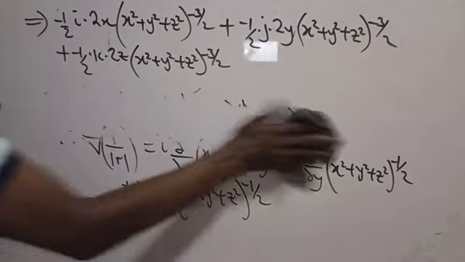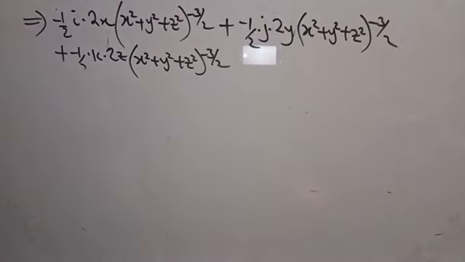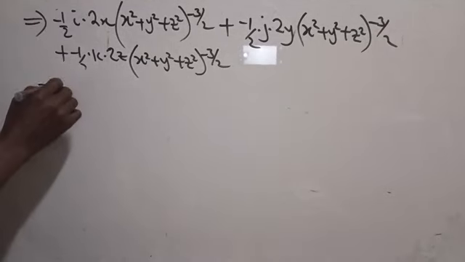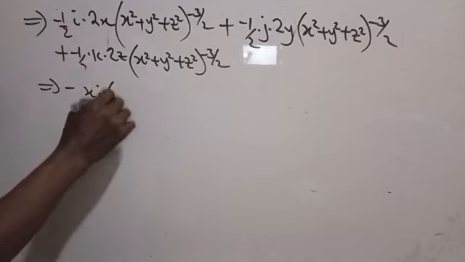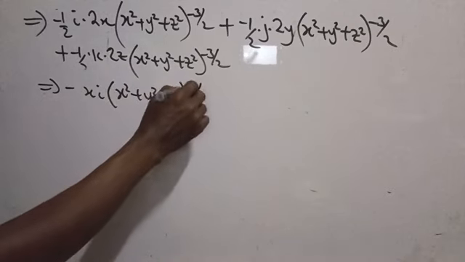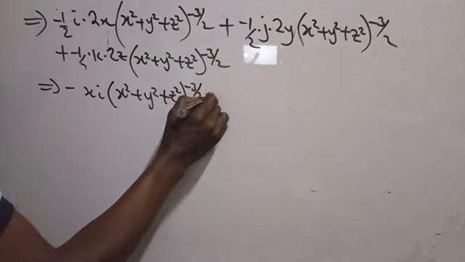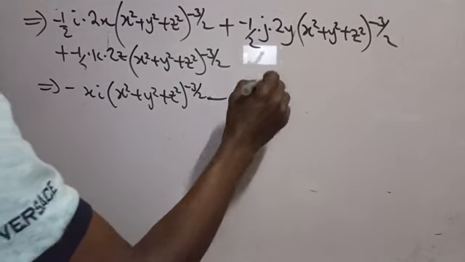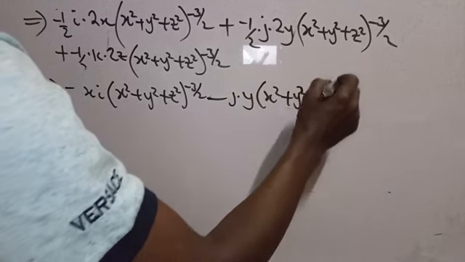Good. Now let's quickly evaluate that. By the time I open this up, the 2 cancels, and we have minus xi times (x squared plus y squared plus z squared) raised to minus 3 over 2.